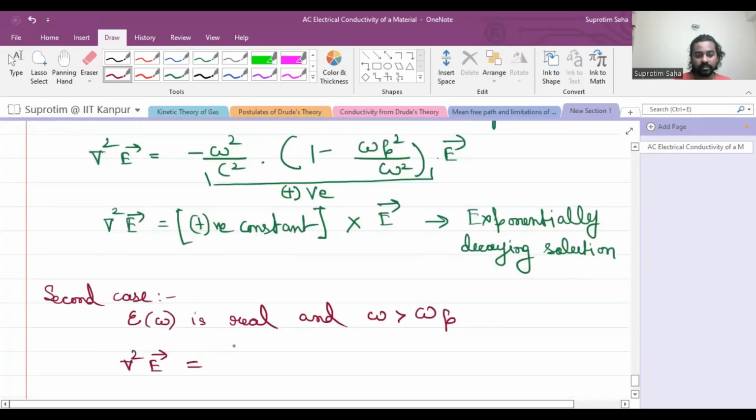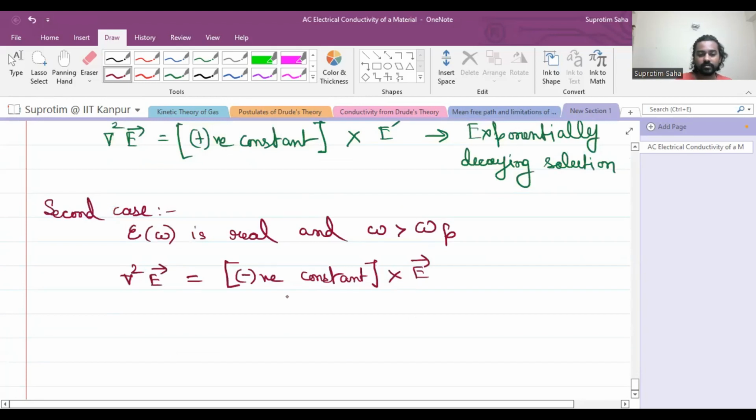So this is some negative constant times the E vector, and this has an oscillatory solution.